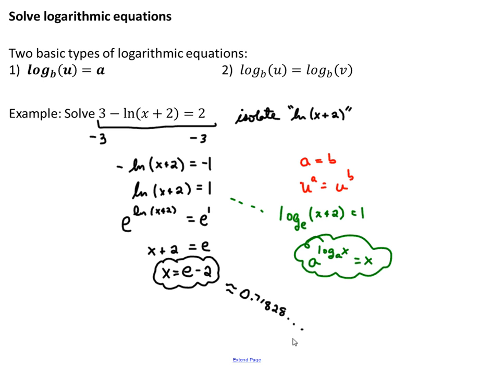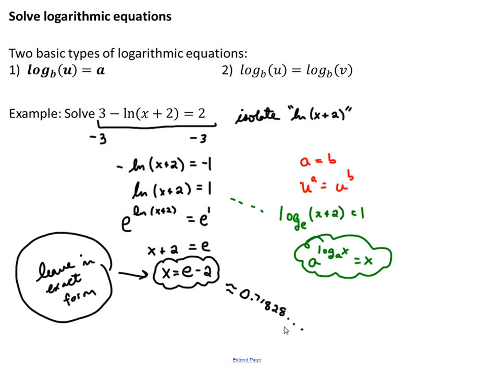But it doesn't really matter because this is the exact form of our answer. So we're going to leave our answer in this exact form in terms of e. The next thing we might do after this, if we really needed it, is use a calculator to get the decimal form, but we're just going to leave it in this form right here and we'll be done.